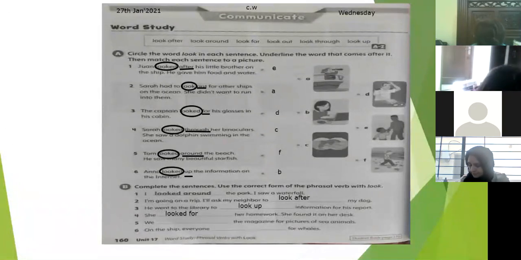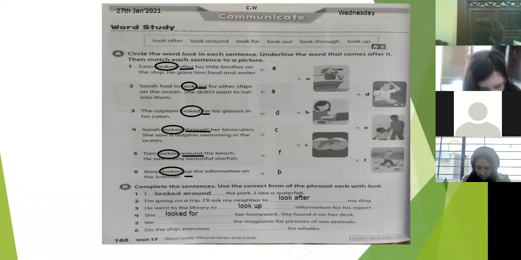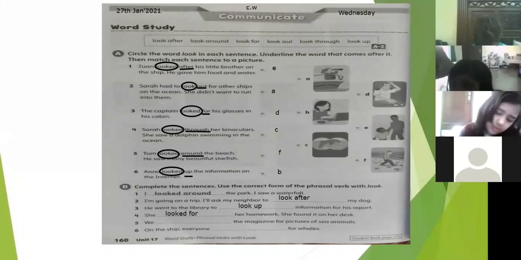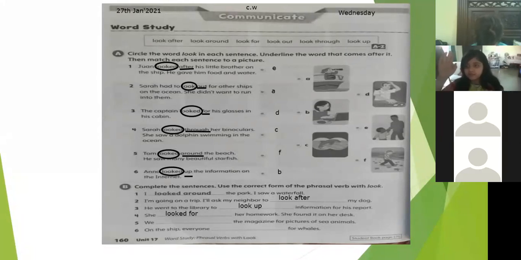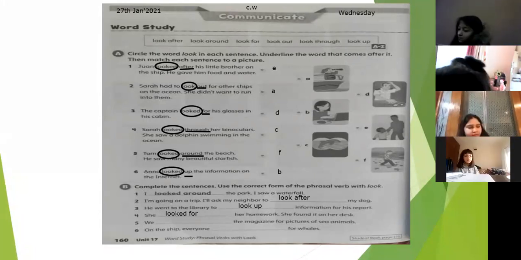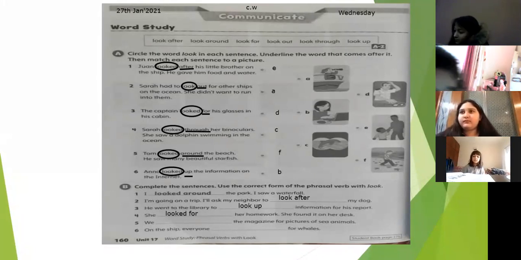Okay, number 5. We dashed the magazine for pictures of sea animals. Anybody else? Nazish Kiani or Manahil, would you like to answer? Yes, Nazish.